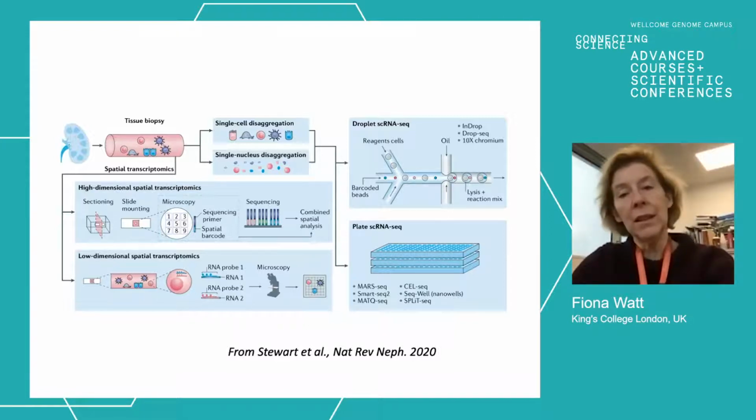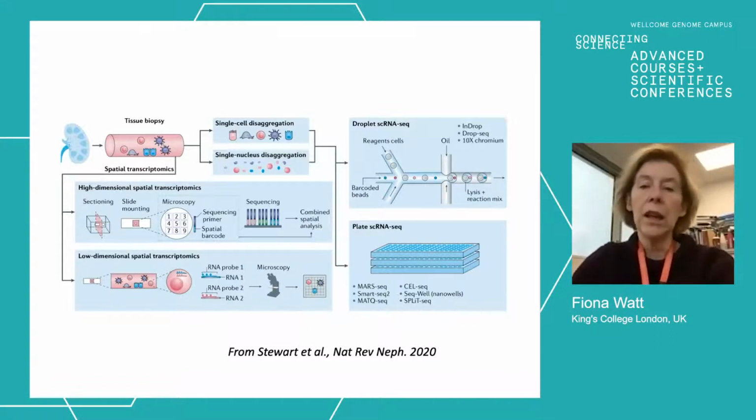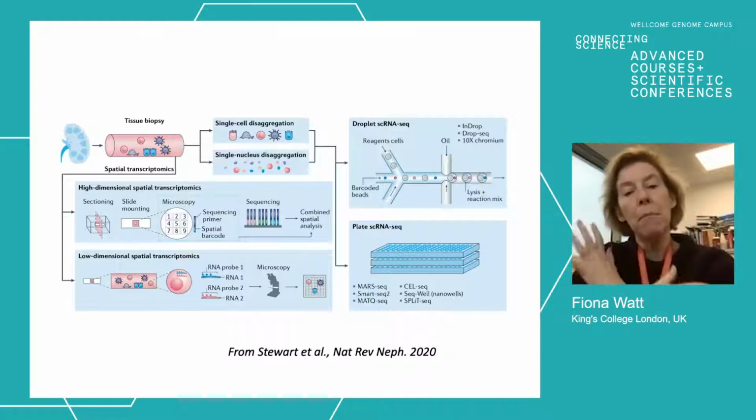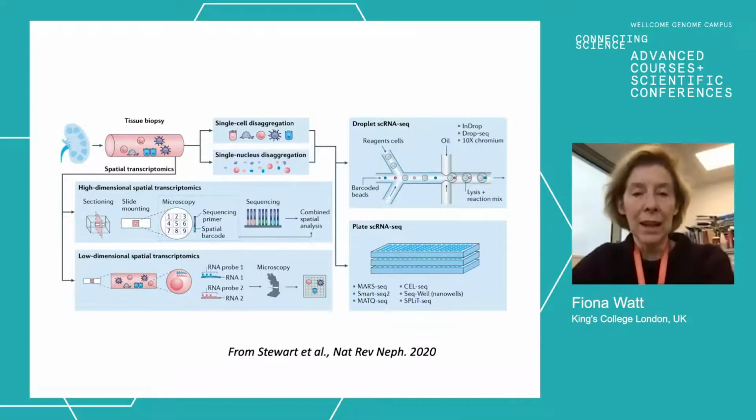The cells are disaggregated, and then the RNA in individual cells is sequenced using a number of different potential platforms. There's then a lot of computational analysis required to make sense of the data. And of course, we then want to get spatial information about where the different cell types map into the intact tissue.